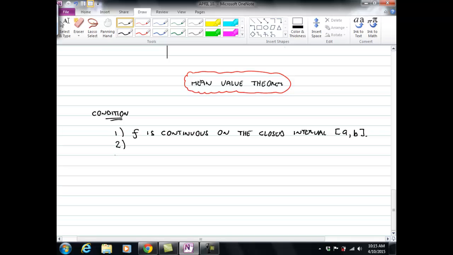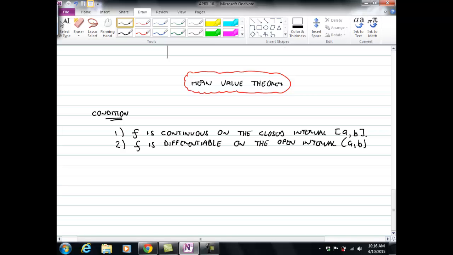2. f is differentiable on the open interval (a, b).